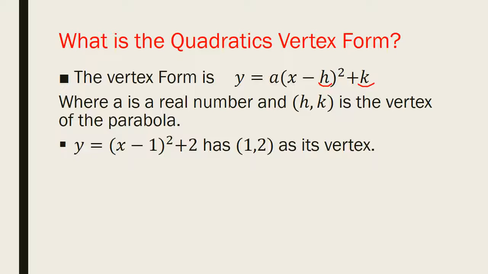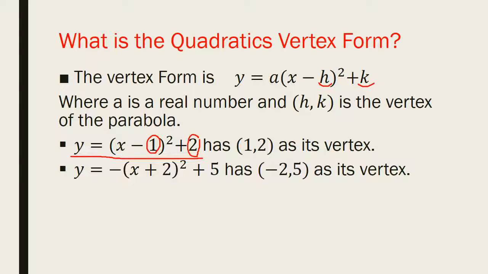If we have y equals (x minus 1) squared plus 2, this quadratic equation can be represented by a parabola. This parabola has a vertex of (1, 2). Another example is y equals negative (x plus 2) squared plus 5.